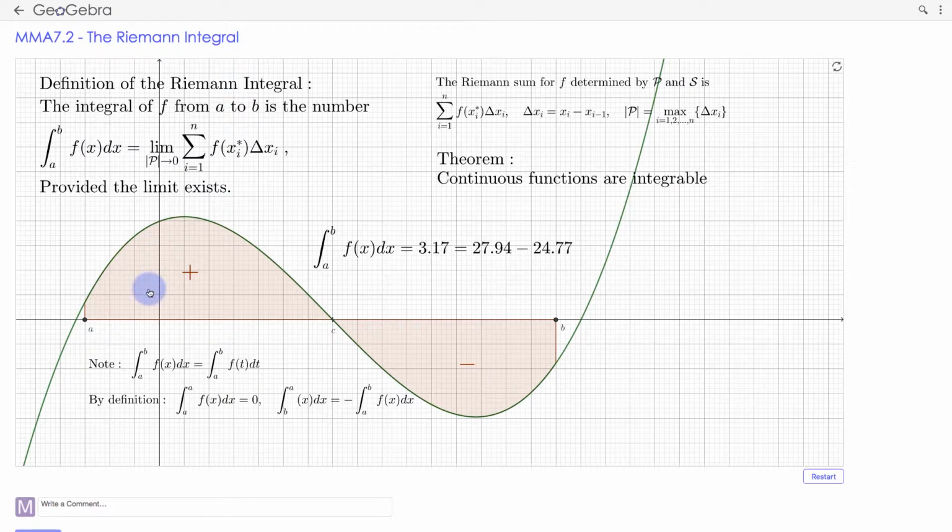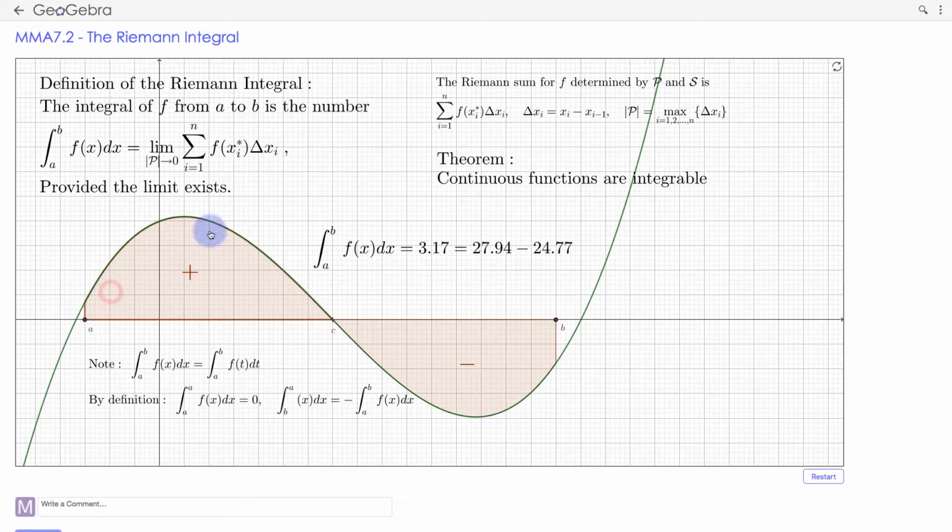So normally one thinks about integrals as areas below functions, like what we have here, right? But as mentioned earlier, this function has negative values, so some of it is not necessarily positive. So this area comes with a negative sign, this area comes with a positive sign, and then the total integral is the difference between the positive and the negative.